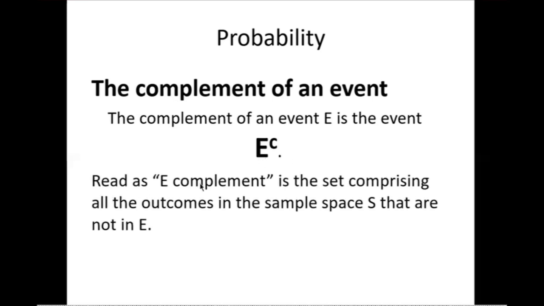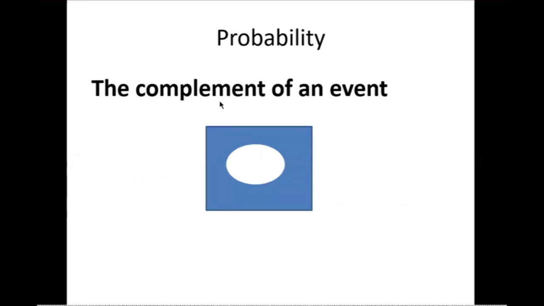So it is read as E complement is the set comprising all the outcomes in the sample space S that are not in E. O using the Venn diagram, kasi ito ang ating event E, pag kinuha natin ang kanyang complement, ang magiging complement ng event E ay yung nasa totality but not found in set E. So ito ang magiging E complement. Ayan, yung nasa labas ng set E.